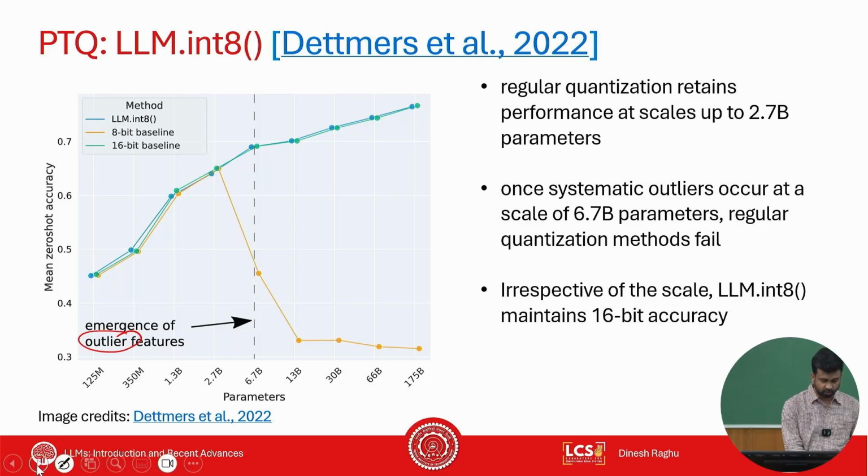What they say is that the percentage of outliers in your vectors is negligible until you reach the 2.7 billion parameter model, but once you cross that, from 6 billion and above, the number of outliers becomes so high that you end up not getting the same performance as what you would get, right?